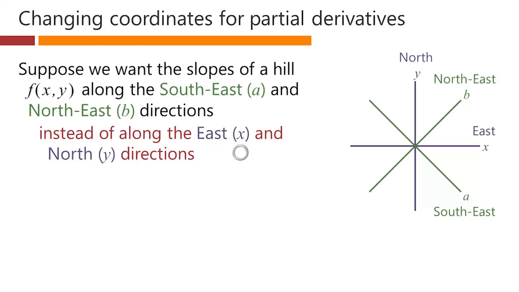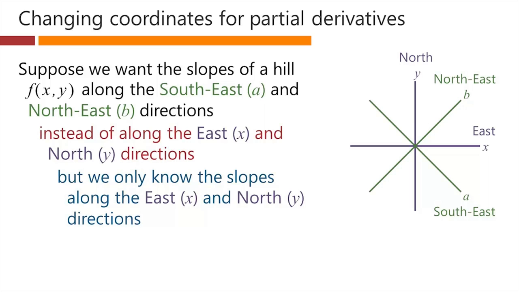So not along east and north directions here, the x and y directions, but along the southeast direction and along the northeast direction. But we only know the slopes along the east direction and the north direction. That is, these two slopes, partial df by dx at constant y and partial df by dy at constant x.